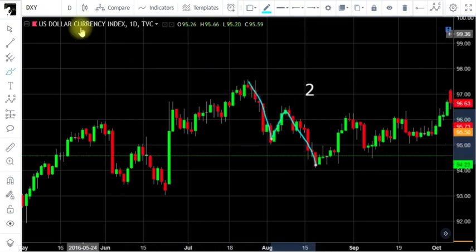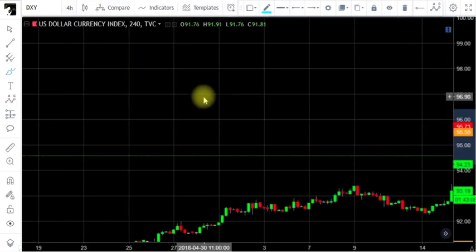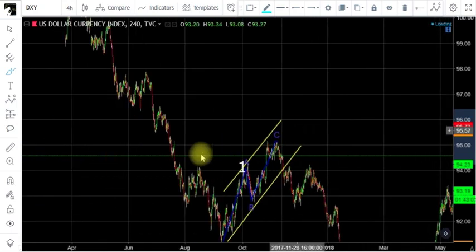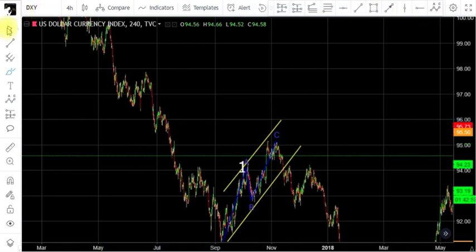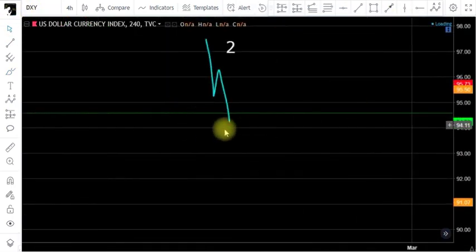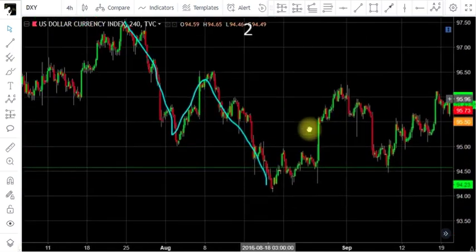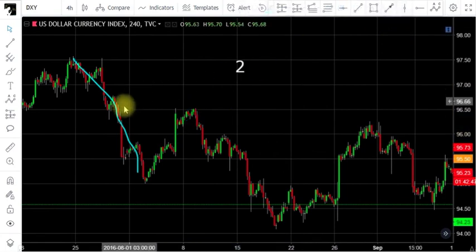Now let's go in and have a closer look at it to see if we've got impulses within there. There it is. And once you get down to that level, you can see the impulses, guys. That's an impulse, that's a 3.